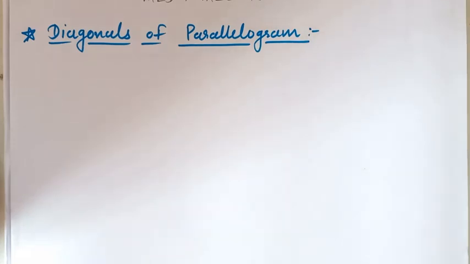If these two diagonals bisect each other, then what do we get? Let's see.